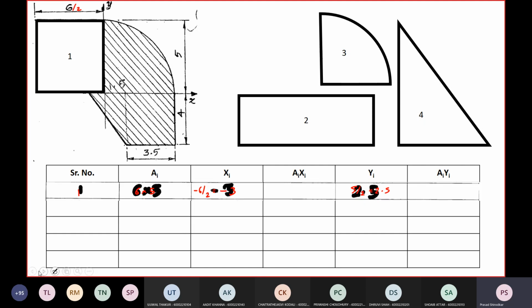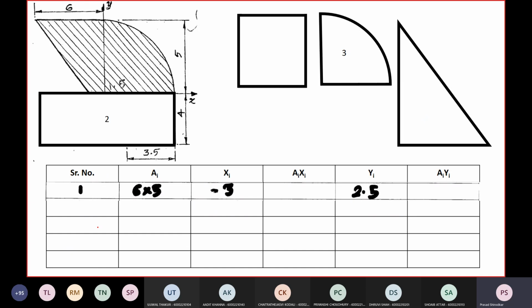Next, second, so this is for the first. Second, let's take the big rectangle. So second is this rectangle. The rectangle is 11 by 4. This is 4. This is 6 plus the radius of the circle, that is 5. So total is 6 plus 5, that is 11.